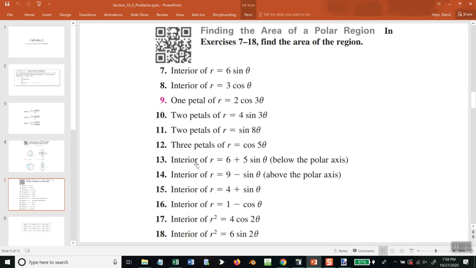Now we'll do the next section too. Let's see. You're right. Time slipping away. I'll just do setups on these. Let's look at 13. The setup on that.